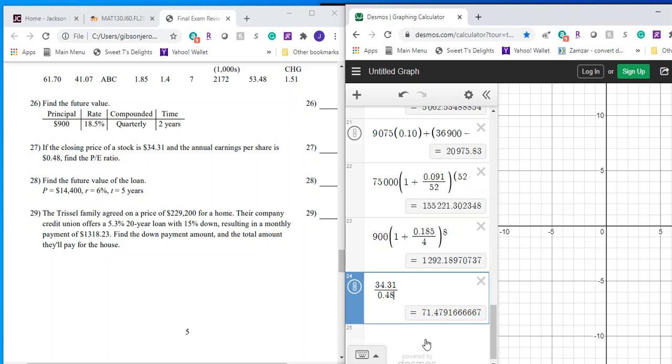So the principal is 14,400 times 1 plus 0.06, and then the time will be 5.